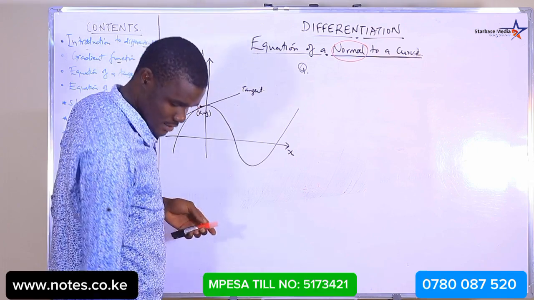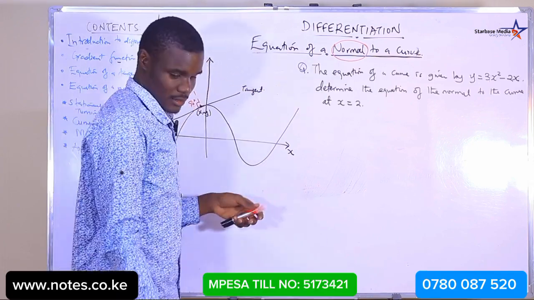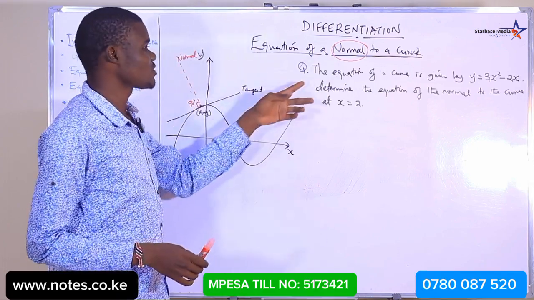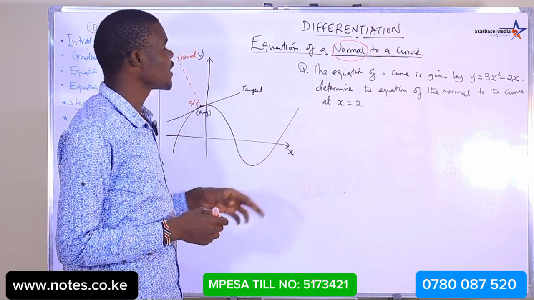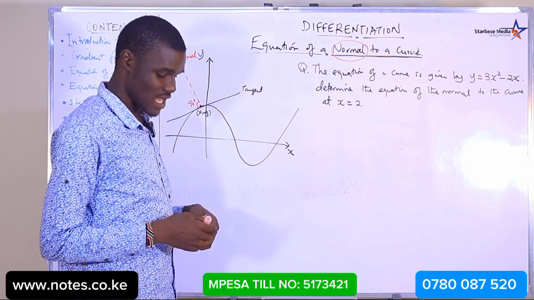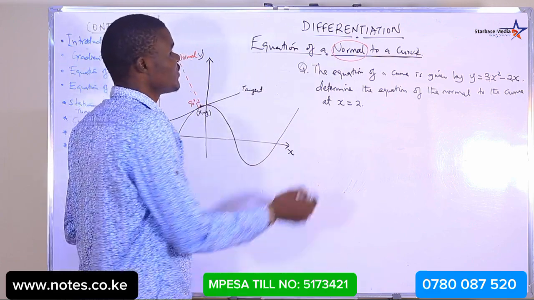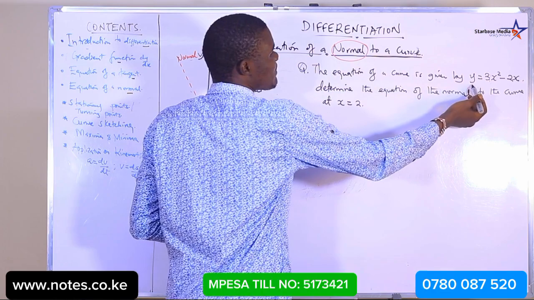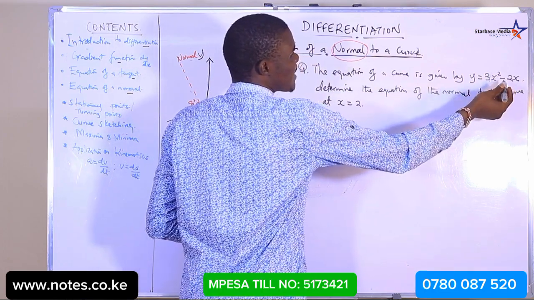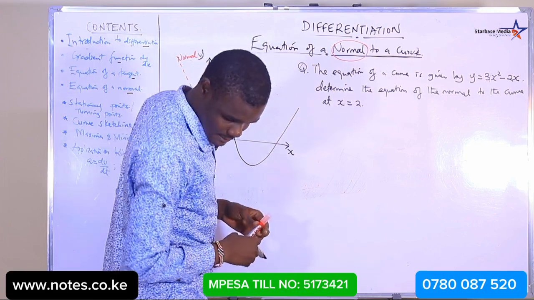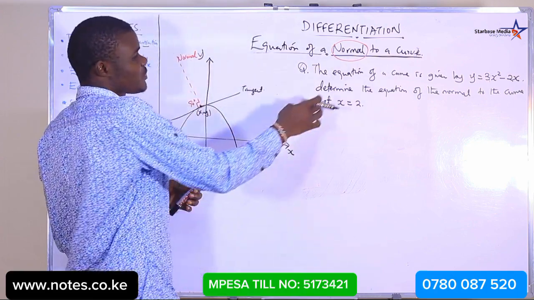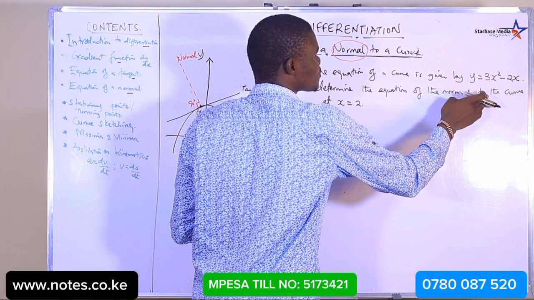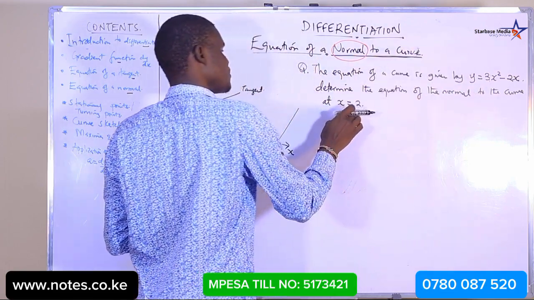So let us look at this example so that we understand how we get equations of a normal to a curve. The question says, the equation of a curve is given by y = 3x^2 - 2x. You are supposed to determine the equation of the normal to the curve at x = 2.